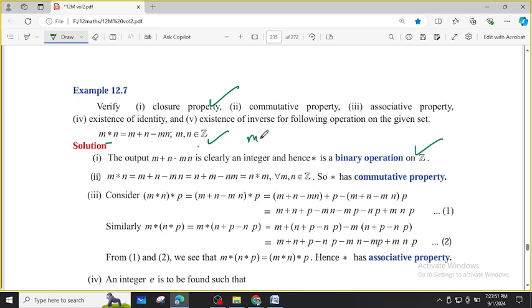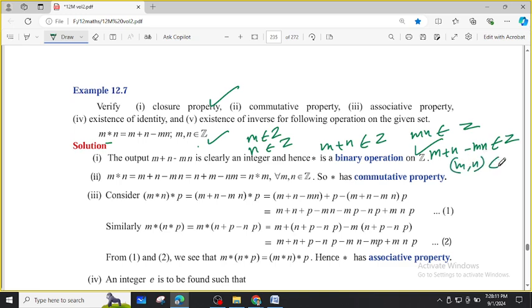Because m belongs to integers, n belongs to integers, m plus n belongs to integers, mn is also an integer, and m plus n minus mn is also an integer. Therefore m star n is an integer for all m and n, so it is a binary operation on the integers.